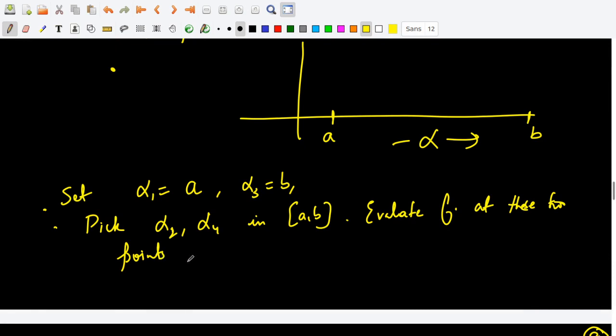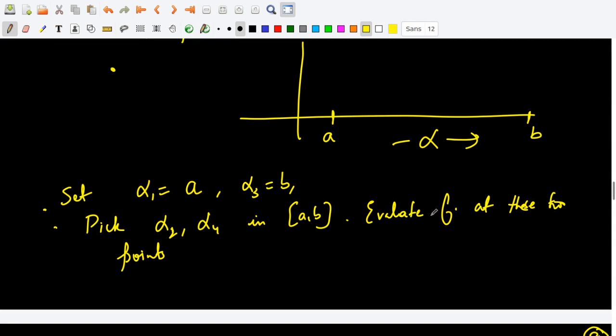And then based on the value of the function at these four points, alpha 1, alpha 2, alpha 3 and alpha 4, we discard some region from our search and move on.